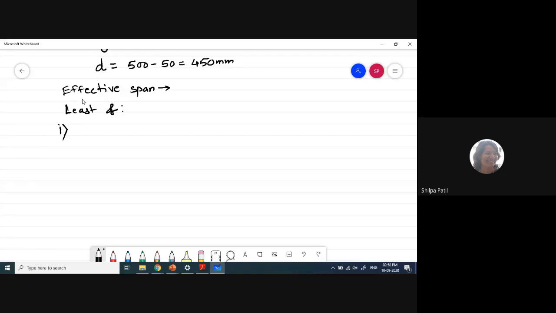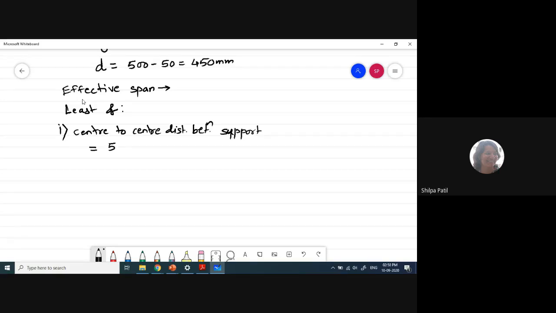First point, the center to center distance between supports. The width of the support is already given.